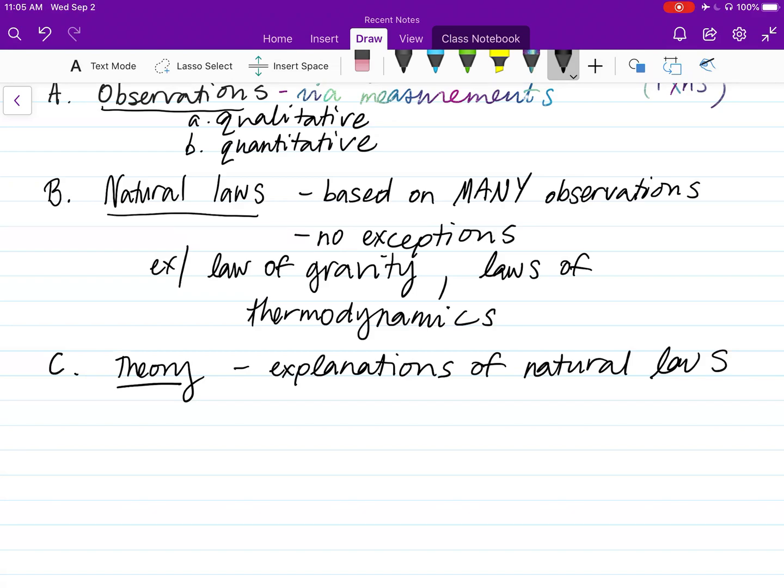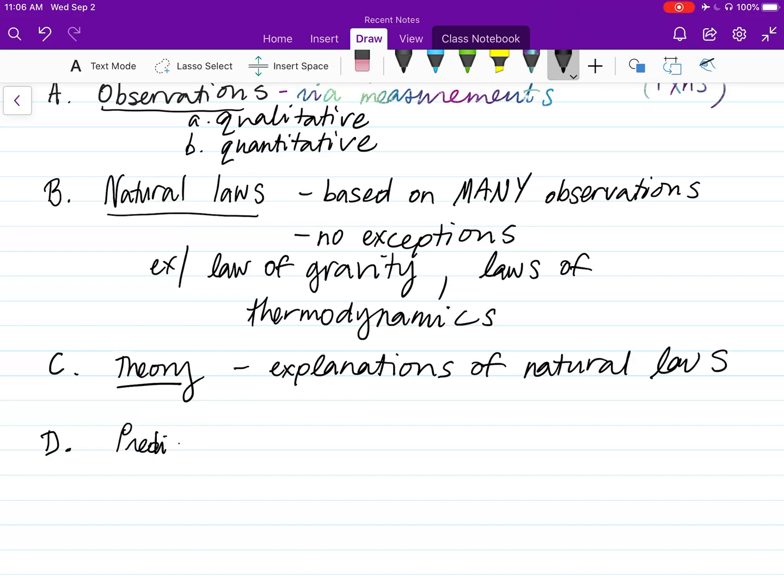As you make more observations, you modify your theory. So as you kind of learn more about a subject, your theory can evolve and improve and change. And good scientists are always being skeptical and asking questions and modifying their theory to make it better reflect what's true in nature.